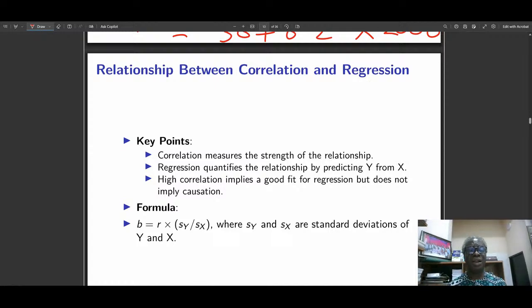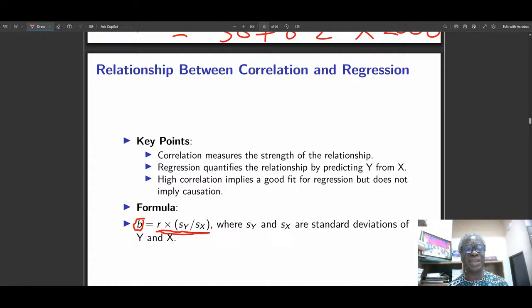So here you have another expression that you can use to compute the regression coefficient. If you get the correlation, then you can multiply it with the ratio of the standard deviations of X and Y. That will also give you the coefficient.